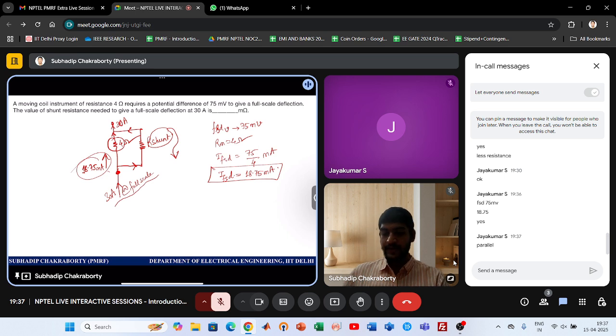So how to do it? How to calculate this R shunt? Yes, parallel, but how to calculate R shunt? So let's say this is I, right?